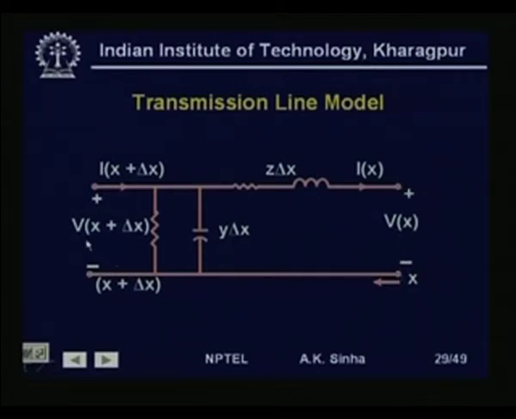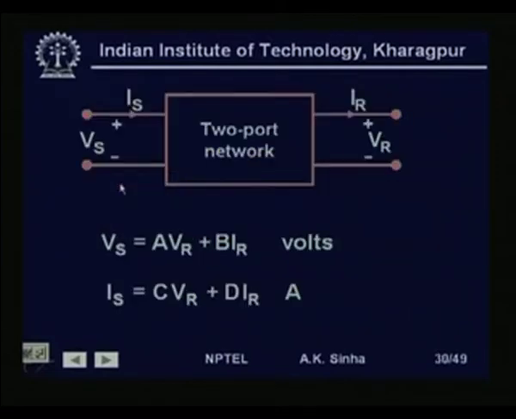We have voltages at this port, we have current flowing at this port and current into this port. So, we can represent this transmission line as a two port network, where we have at the sending end voltage V s and the current I s. At the receiving end we have current I r and the voltage V r.